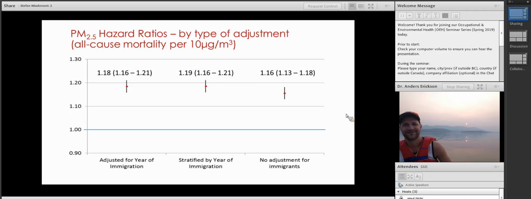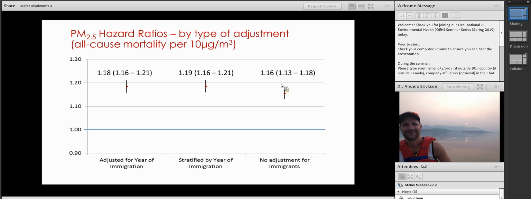So part of the motivating factor for this study was to look at how we adjust for immigration. Without excluding them, should we stratify by immigration period? Should we stratify or just add it as a covariate in the models? So what this slide is showing is hazard ratios for PM for a 10 microgram per cubic meter increase.